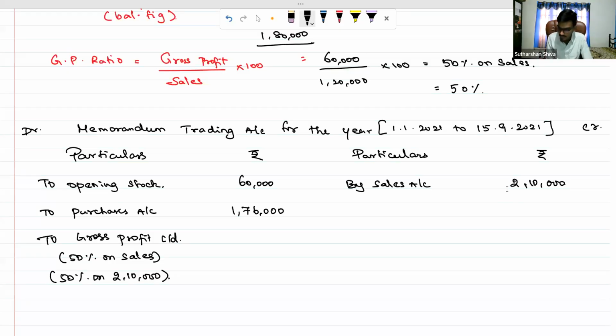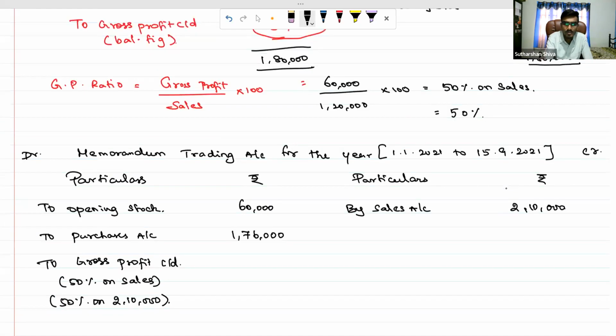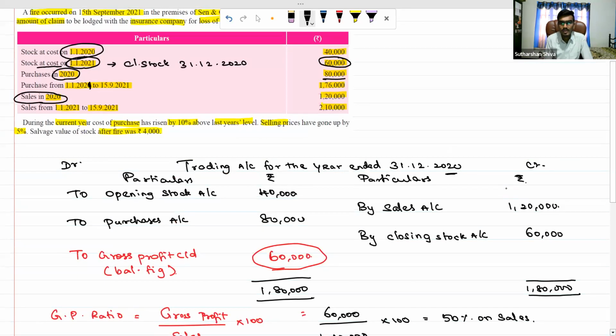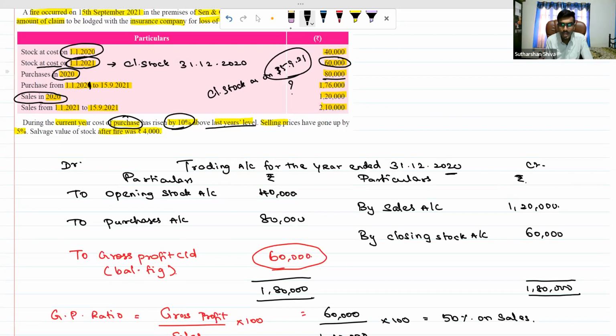In this, they have given one more piece of information. You have noticed there is no closing stock information as on 15/9/2021, and they have said the cost of purchases has increased by 10% above last year's level, and the selling price has gone up by 5%.